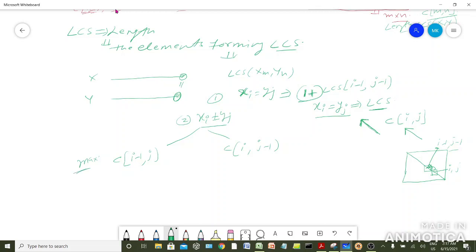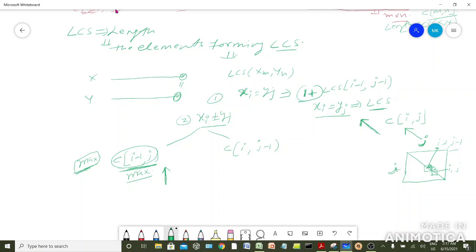Based upon this maximal condition, if this one is chosen, because we are representing i in terms of rows and j in terms of columns, done, if this term is maximum, it means we need to put a vertical arrow. Why vertical?